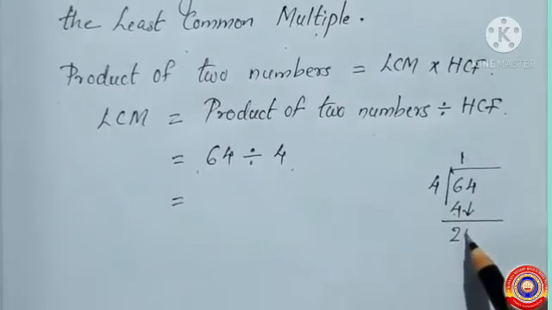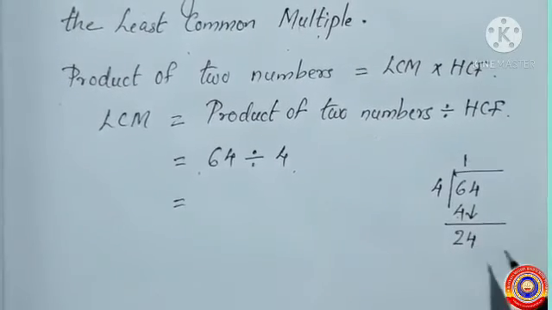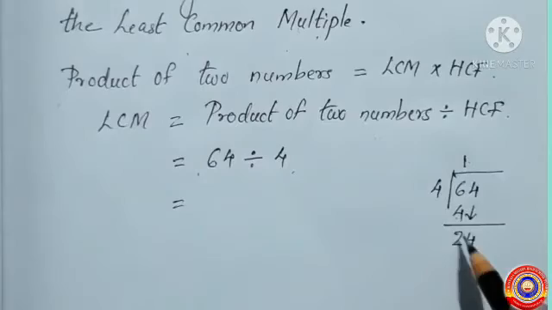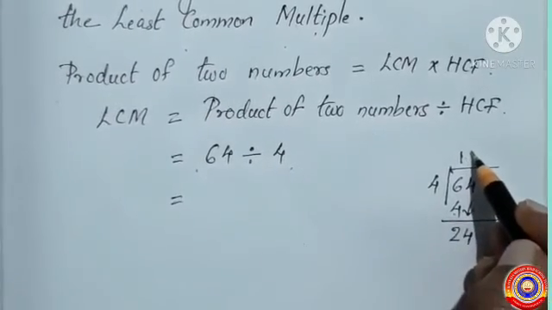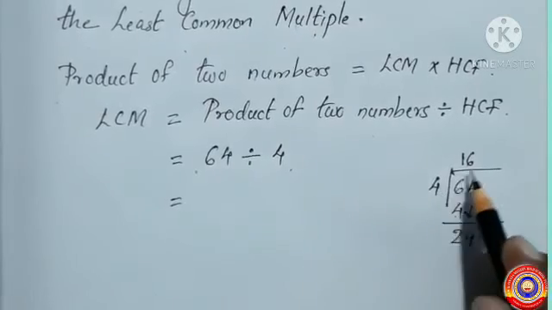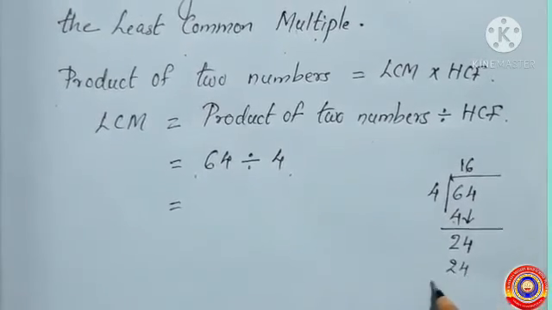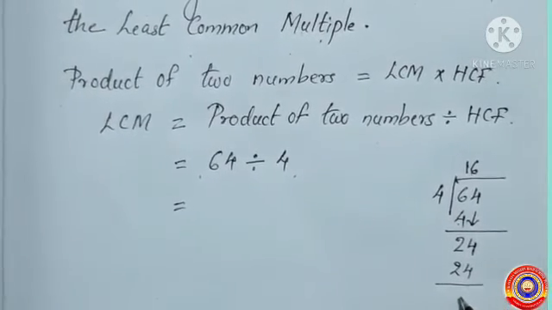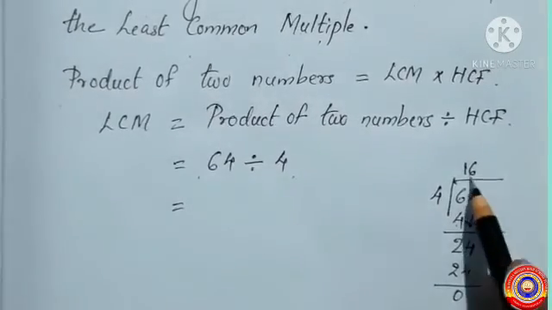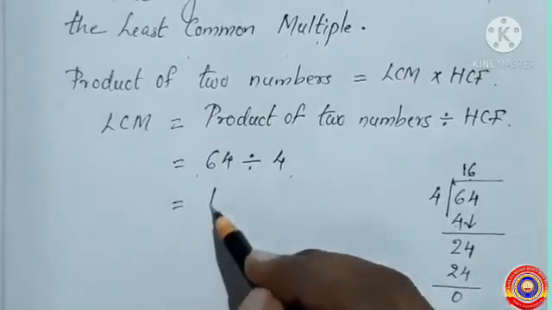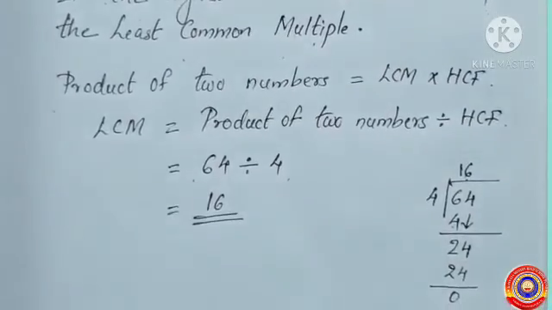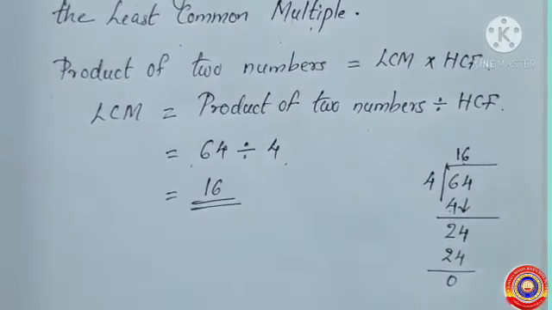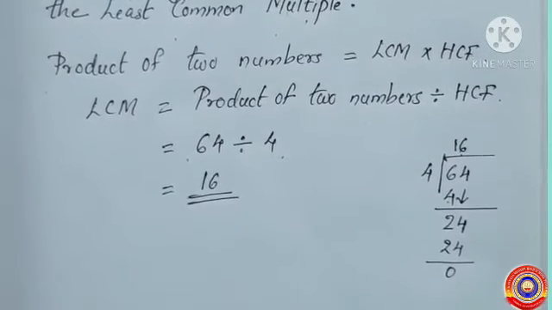Then bring 4 below here. 2 will become 24. Then 24 divided by 4. How many times? 6 times. 4 into 6 equals 24. Then 24 minus 24 is equal to 0. Then 64 divided by 4 is equal to 16. Now we got the LCM. LCM is equal to 16.